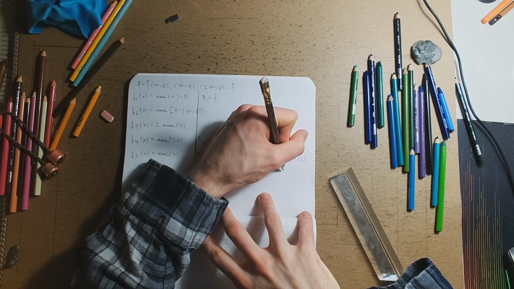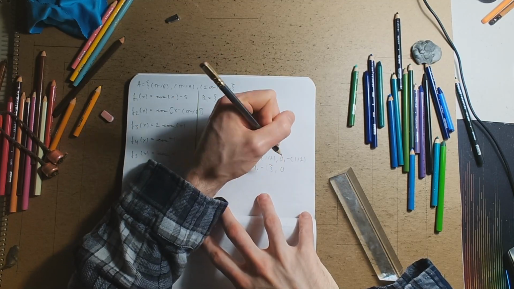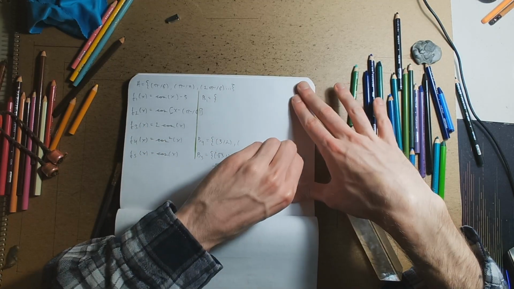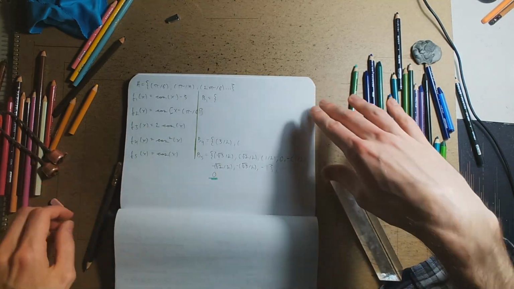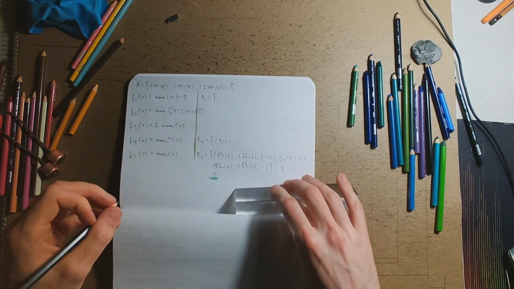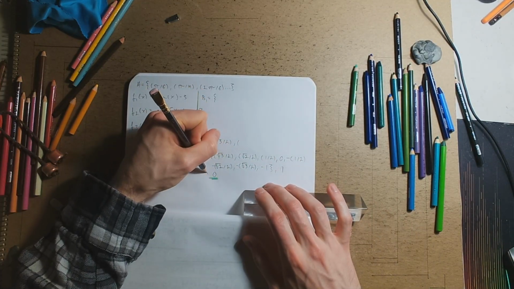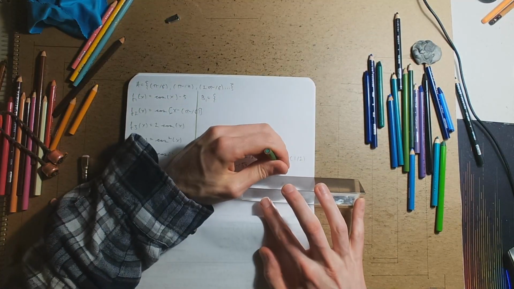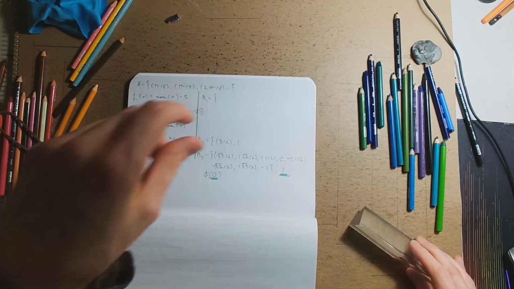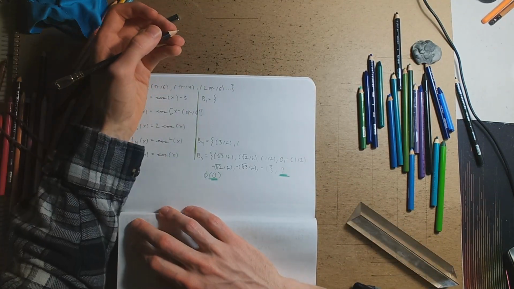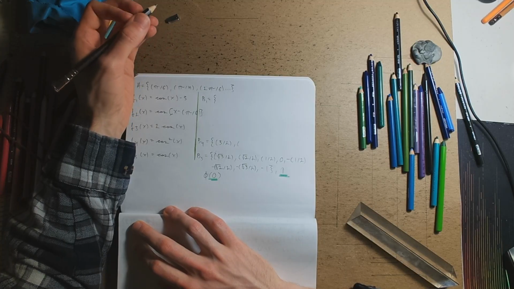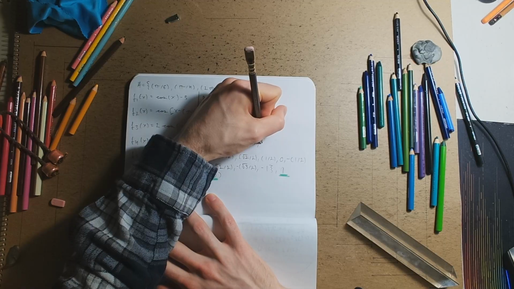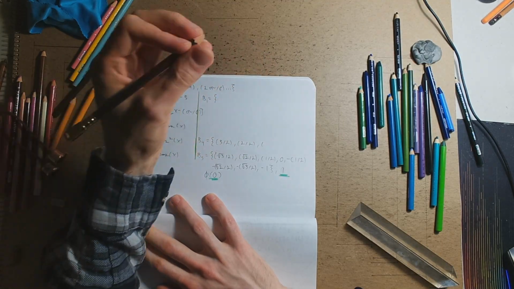Alright, this would actually just be 1, rather. Alright, 1, phi of 0. Indeed. Alright. So we have 3 halves, 2 halves. Indeed not.